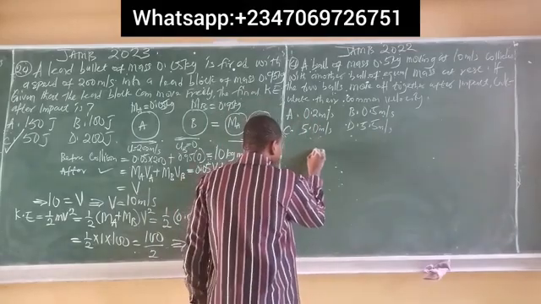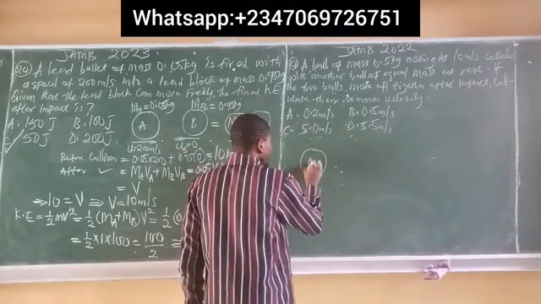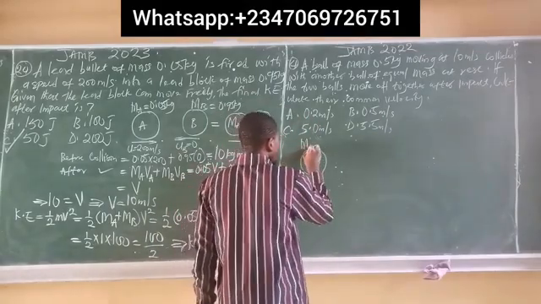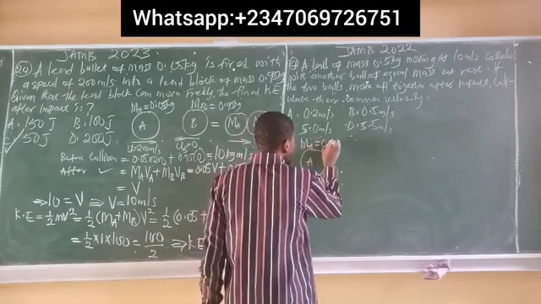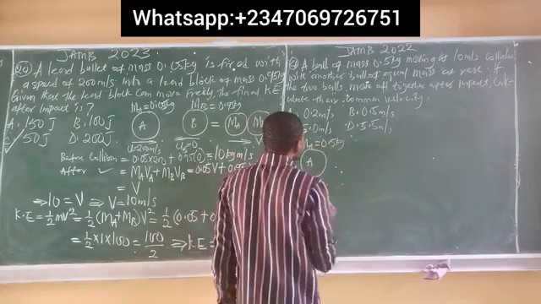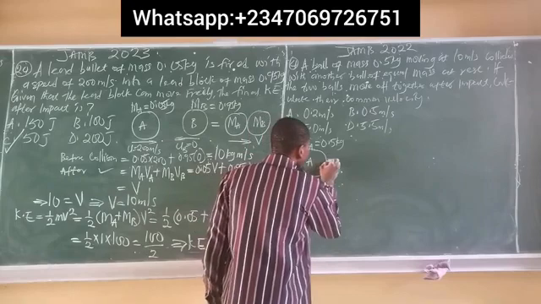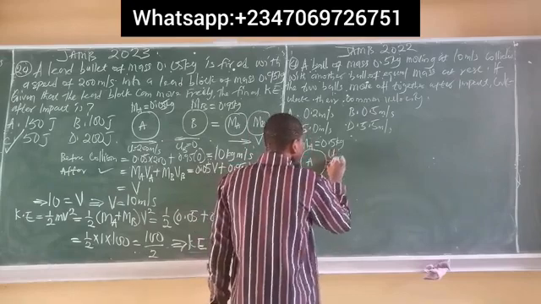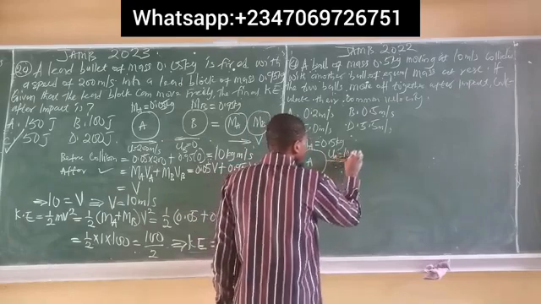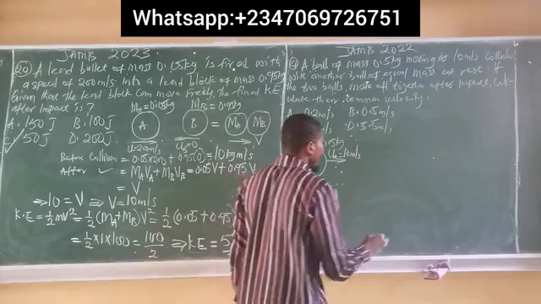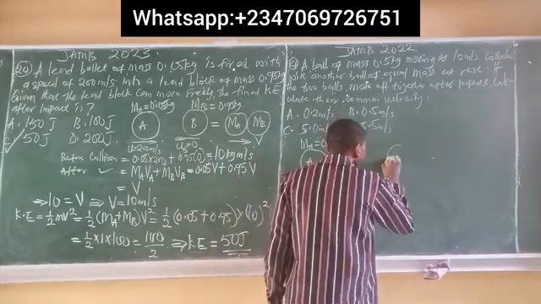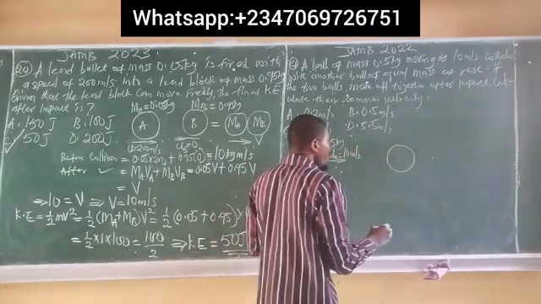We have a ball of mass. Let's call that ball A. Its mass was given, call it MA, as 0.5. A ball A of mass 0.5 kg moving at a speed of 10 meters per second. So UA is equal to 10 meters per second. It collides with another ball of equal mass. So take note of that word.